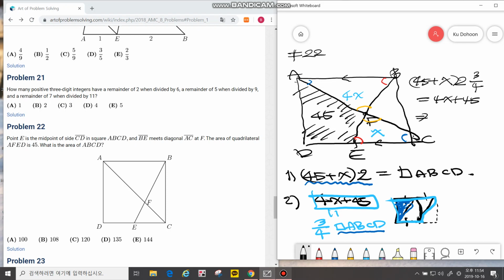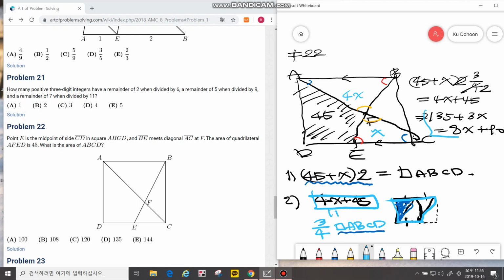Let's simplify this side first. This becomes 2, right? And then you multiply 3 by 45, you get 135 plus 3x, and then you multiply both sides by 2, and you have 8x plus 90, right?